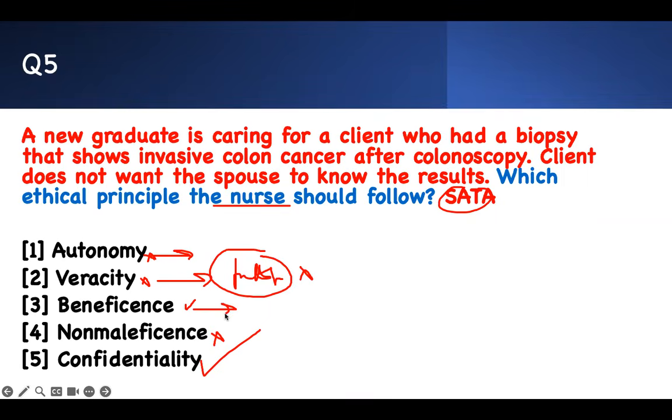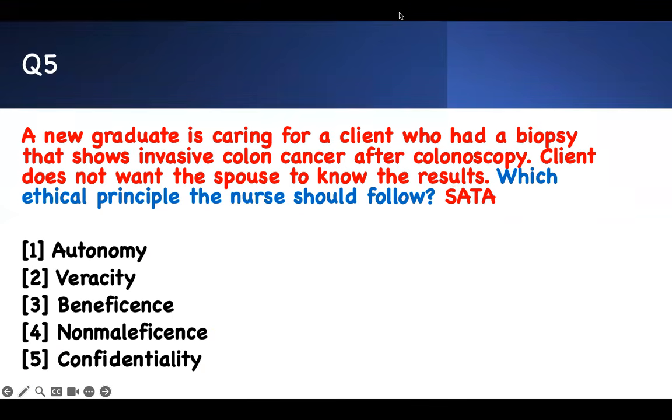Beneficence, yeah, be good. And nonmaleficence, do not do any harm. And confidentiality is being confidential. Don't share any information without the authority of the patient. So these words, you have to know them and use them to answer the question. So this is the ethical principle you need to follow.